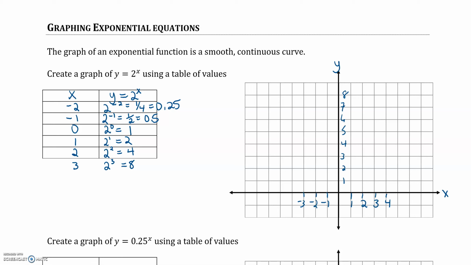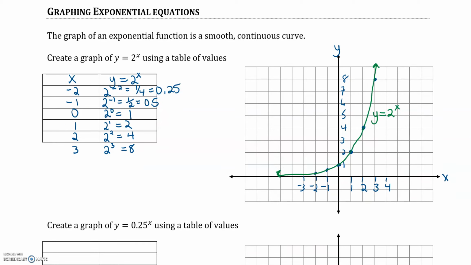We can plot each of the points, so we have (0, 1), (1, 2), (2, 4), (3, 8), and on the negative x-axis, we have (-1, 1/2), (-2, 1/4), and so on. Now, connecting each of those points with a nice, smooth, continuous curve, we get the following exponential graph.